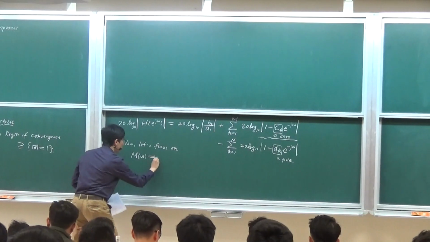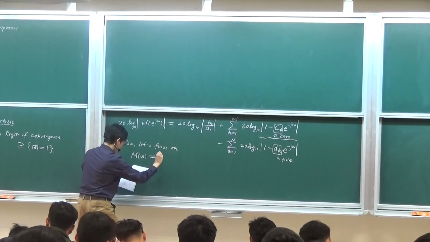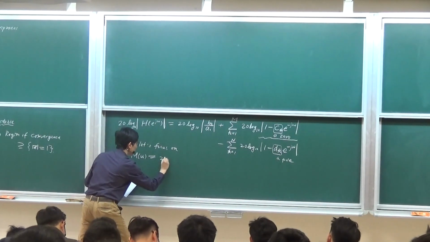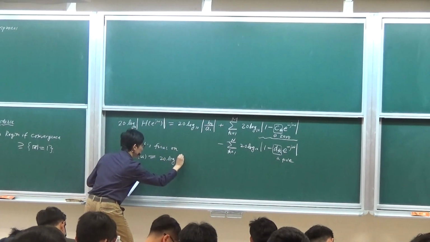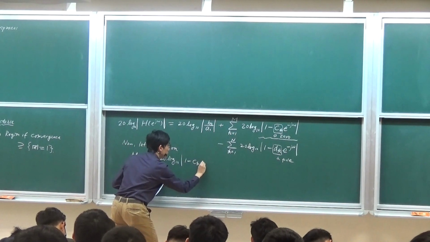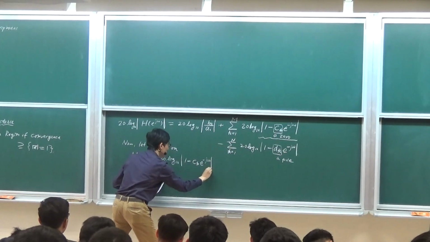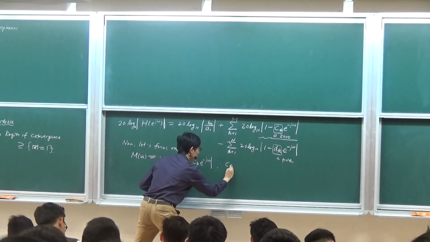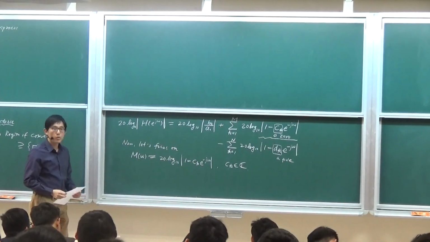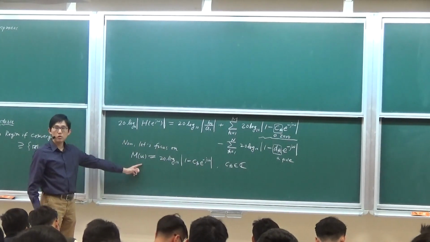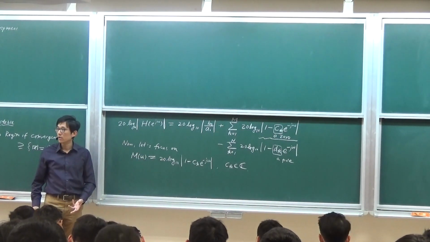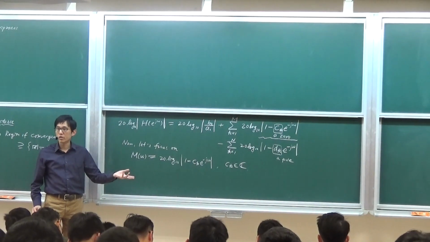Let's define M of omega as 20 log 10 of 1 minus ck e to the minus j omega, where ck might be located anywhere on the complex plane. Note that here we don't need to require the zero to be located inside the unit circle. The zero can be anywhere, pretty much anywhere.